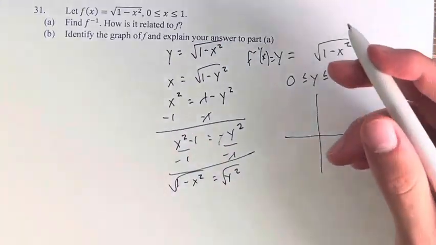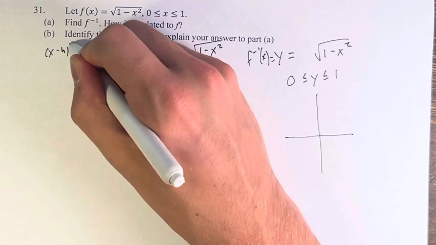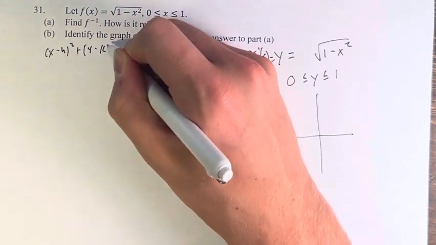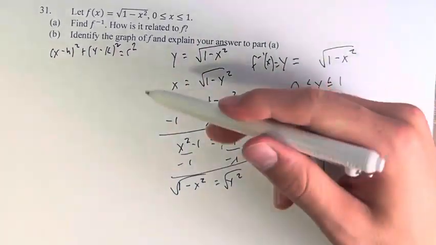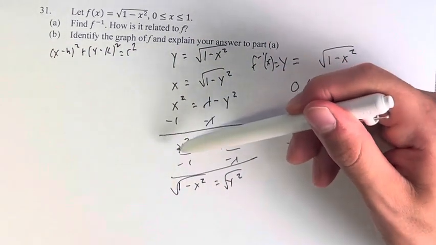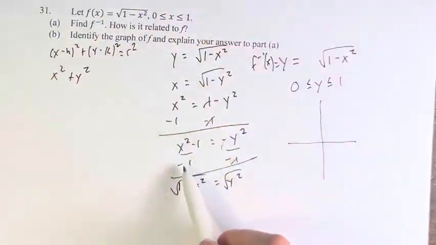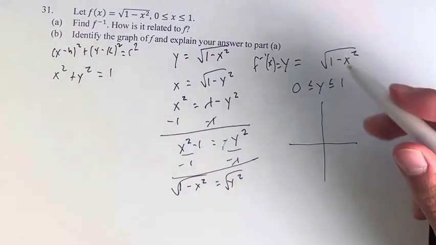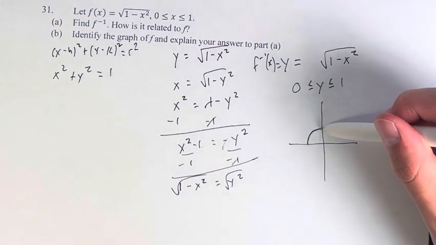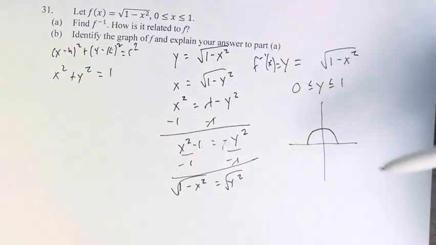Where the standard equation of a circle is x minus h squared plus y minus k squared equals r squared. Well, here if we were to square this, then we have x squared plus y squared, bringing it over to the other side, is equal to positive 1. So it is the circle around 0, 0 with radius 1.